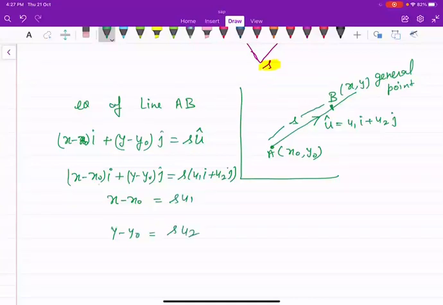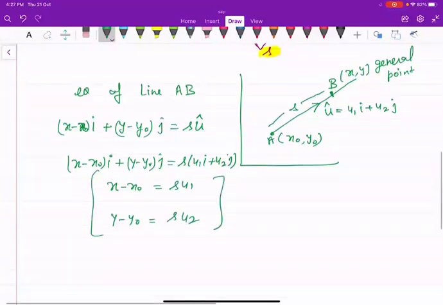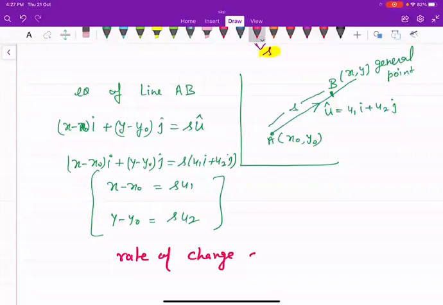Okay. Now we are talking about the rate of change of f in the direction of AB.